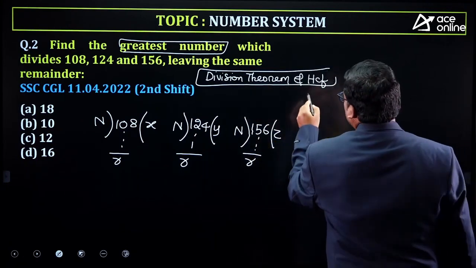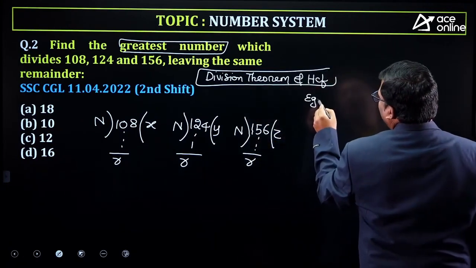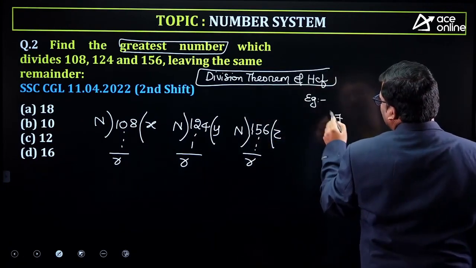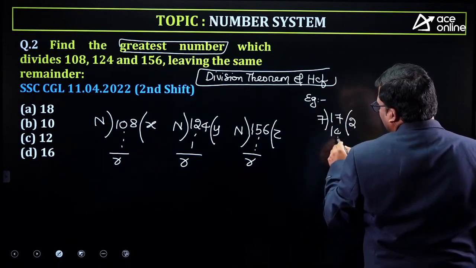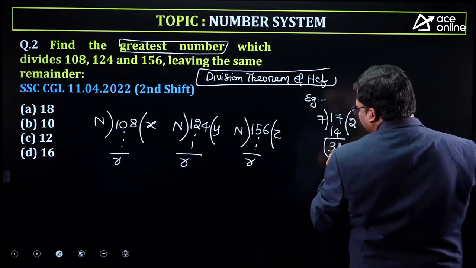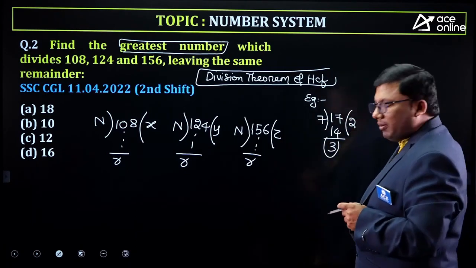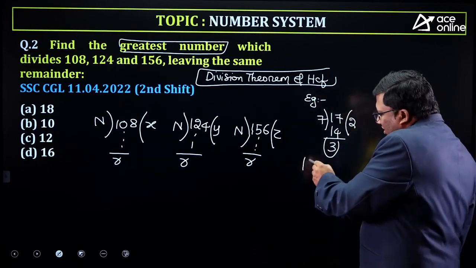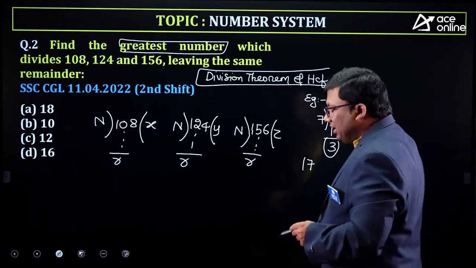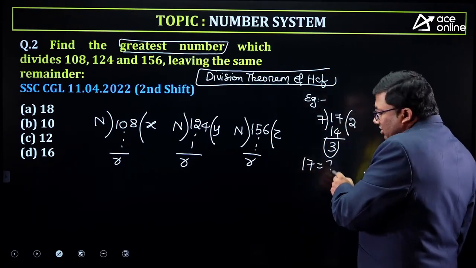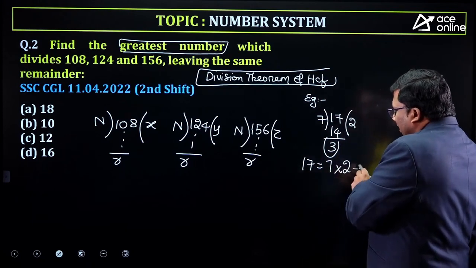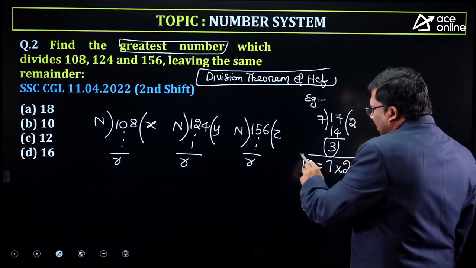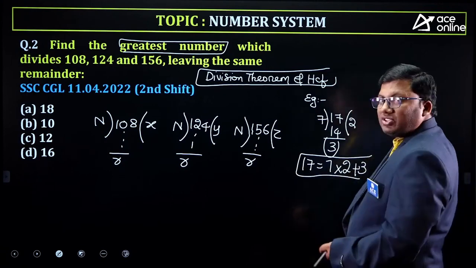Now if I take an example of 17, 7 twos are 14, remainder it is 3. 17 is called the dividend, 7 is called the divisor, 2 is called the quotient, and the remainder is 3. So 17 is 7 into 2 plus 3.